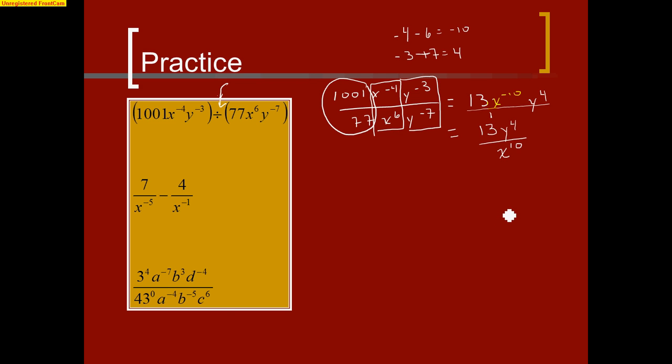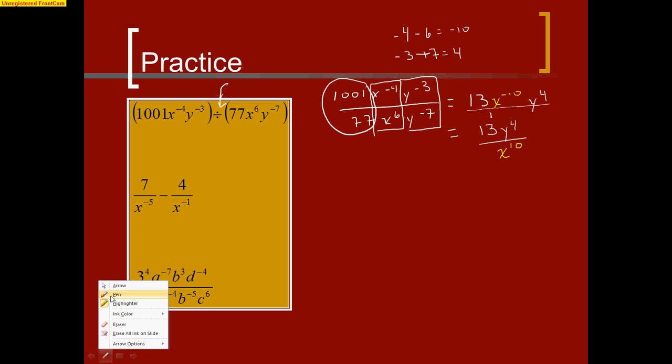Again, if there was no directions either way, both of these answers are acceptable. But sometimes your directions say leave no negative exponents, or leave no exponents in your denominator, so you just have to read very carefully.